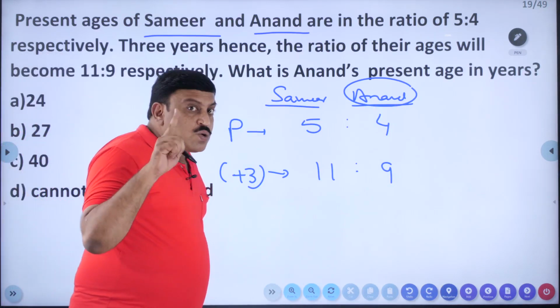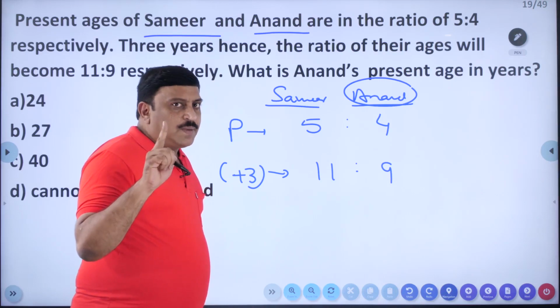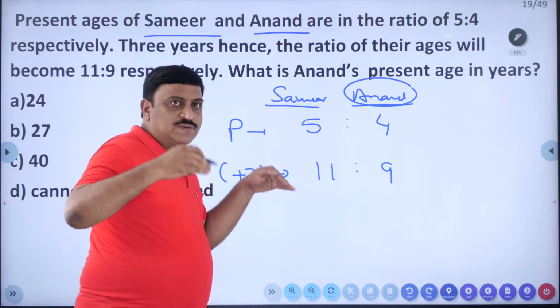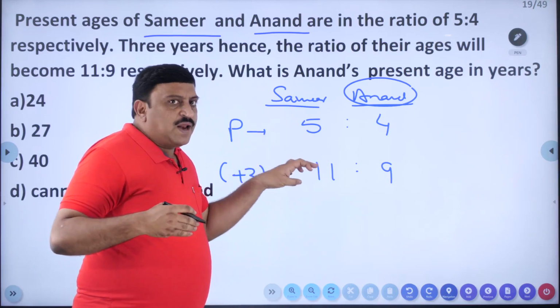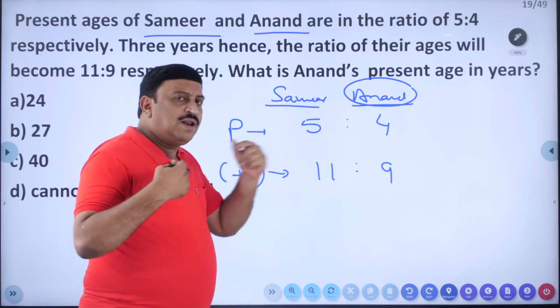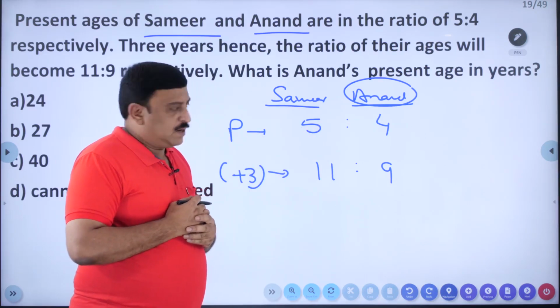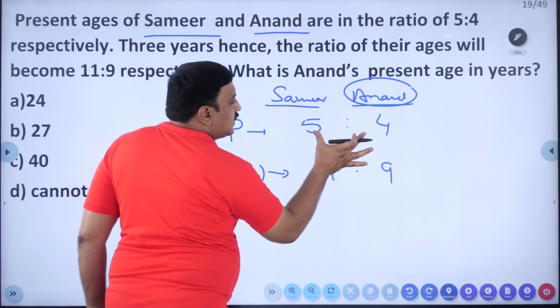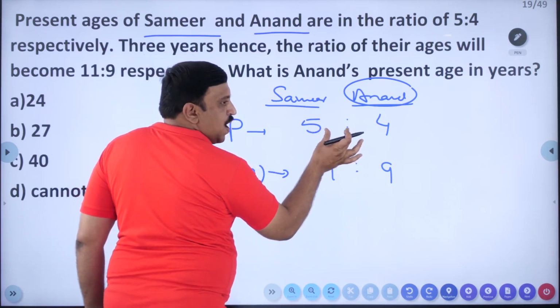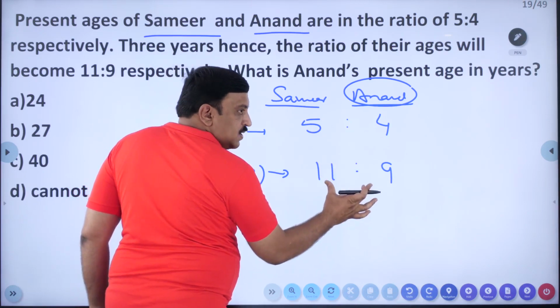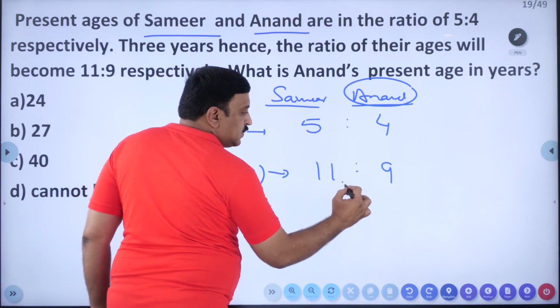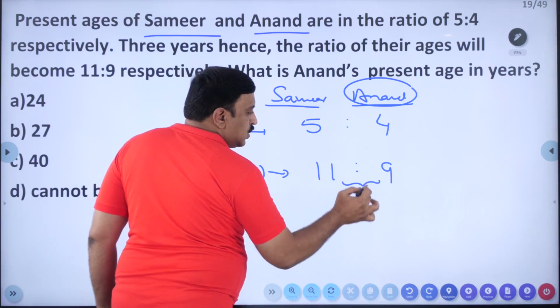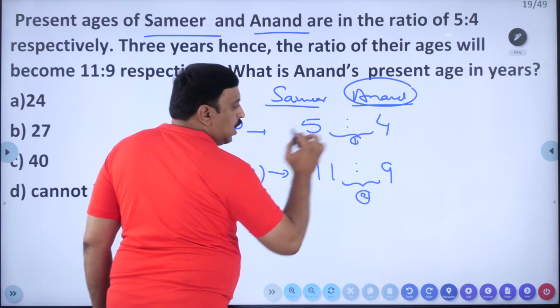Just observe this one. What to observe first of all is that we have to make some equal balancing. If it is balanced, then we go directly with the logic and get the answers, right? Let us see. First, see the difference in both of them. Is it the same one part here? No, here it is 2 parts, and here it is 1.